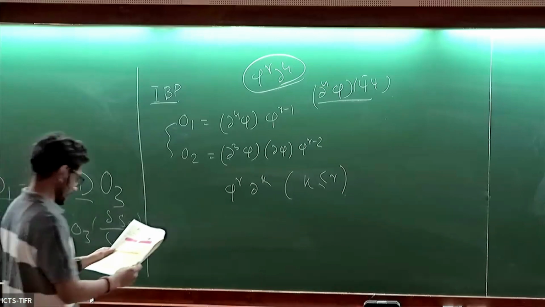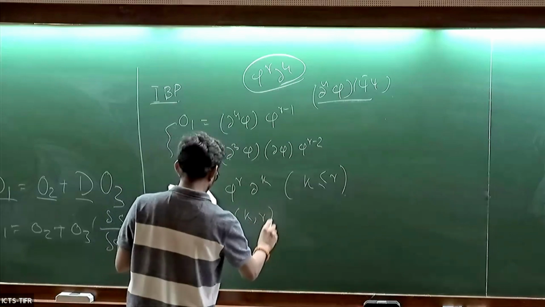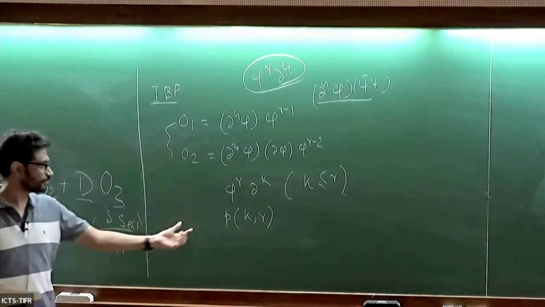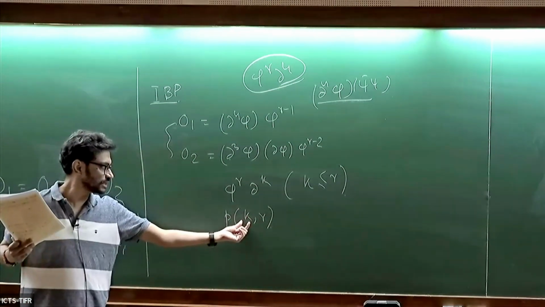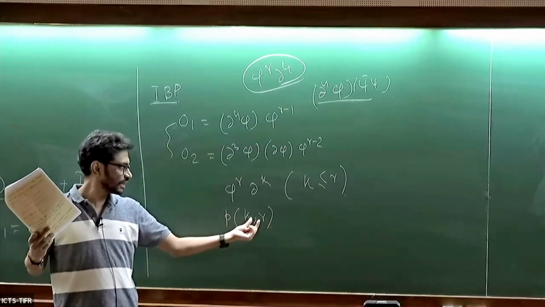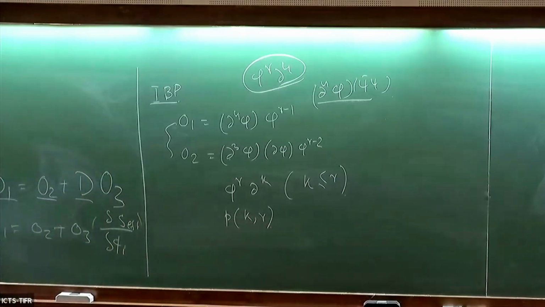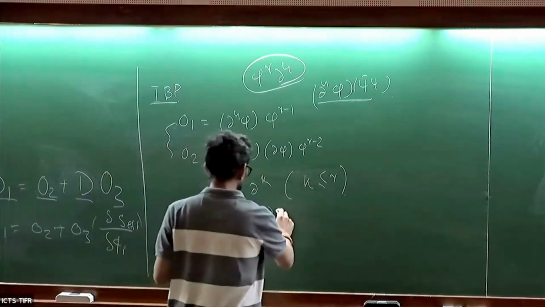So this kind of partitioning I define by P(k, r). It tells you there is an operator where k number of derivatives are there and r number of fields are there. So this is a variable I am defining. Now how to write down this variable?